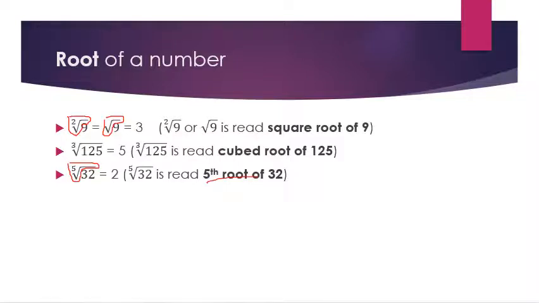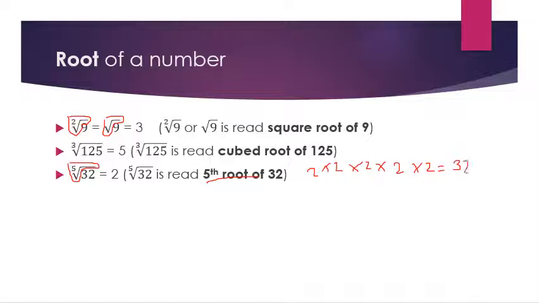So what number, when you multiply that number 5 times in a row, gives you 32? It is 2, because 2 multiplied by 2 is 4, multiplied by 2 is 8, multiplied by 2 is 16, and then you multiply by another 2 is 32.